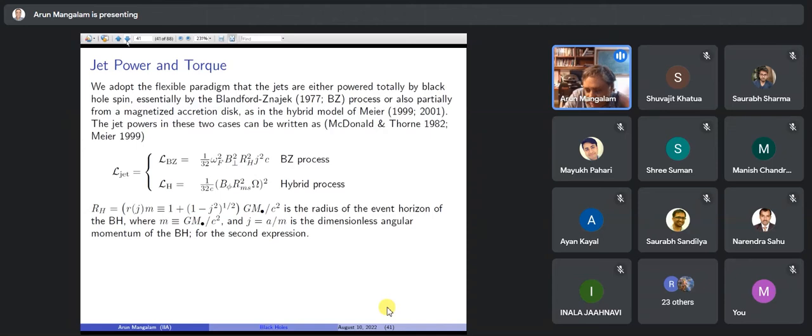And that Poynting flux is what the energy is. So the luminosity of the jet is from the Poynting flux, and that Poynting flux is a result of the magnetic field producing an EMF, so you have an E cross B and a Poynting flux.